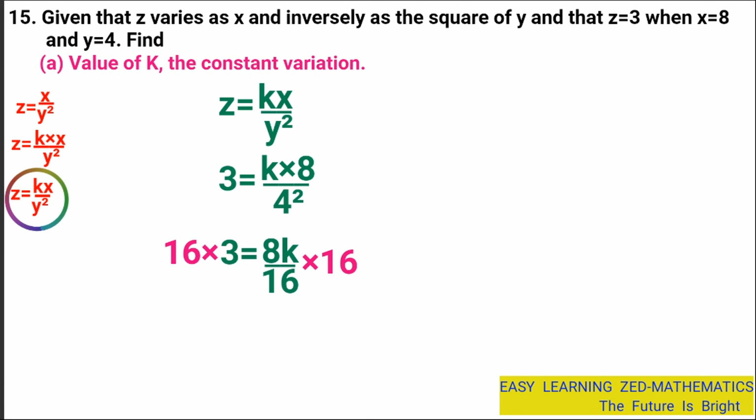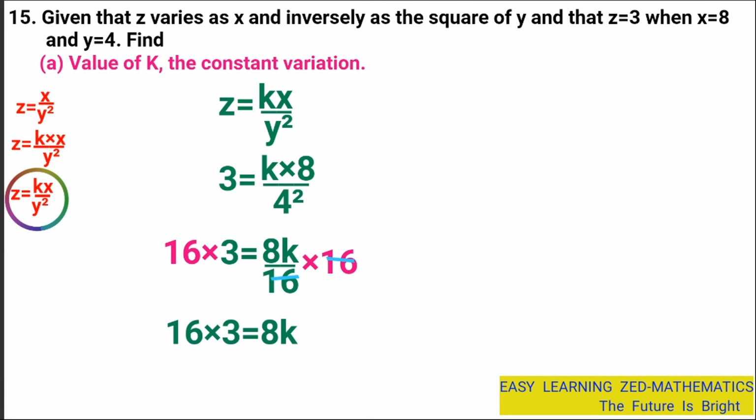So I can use the factor method to get rid of 8. So I'm going to write 16 multiplied by 3, which is equal to 16 down and 16 on top, which will leave us with 8k.